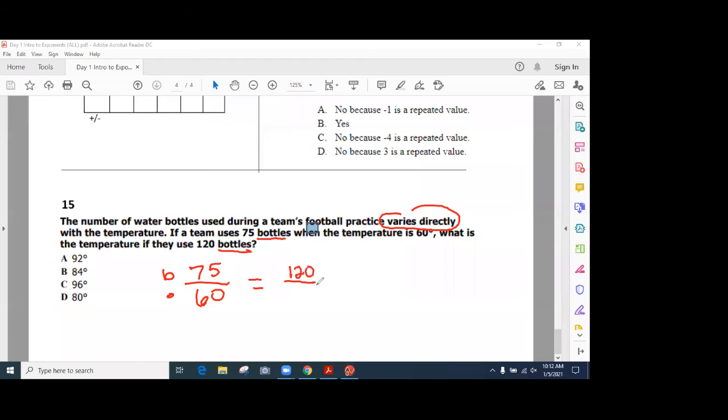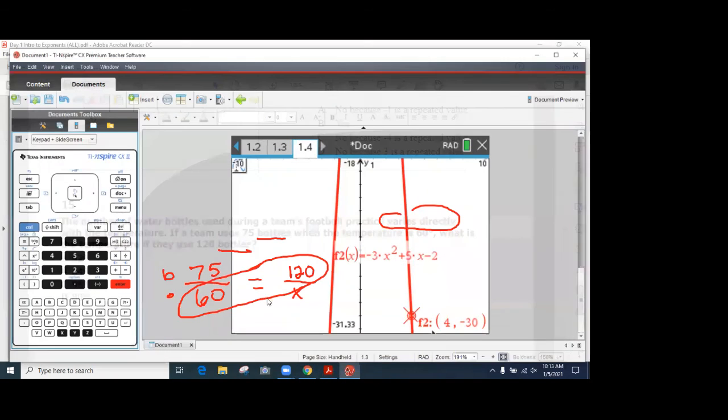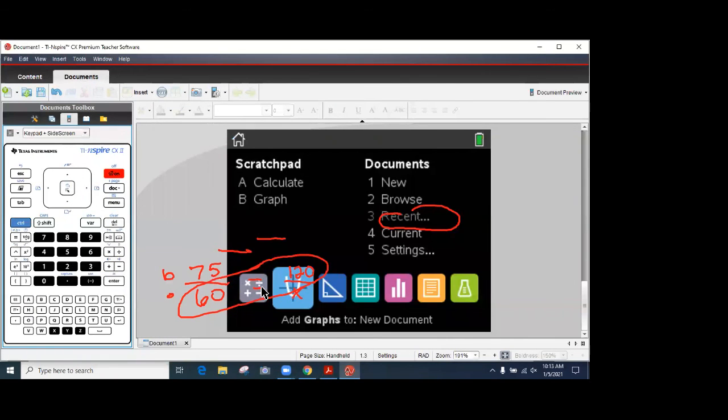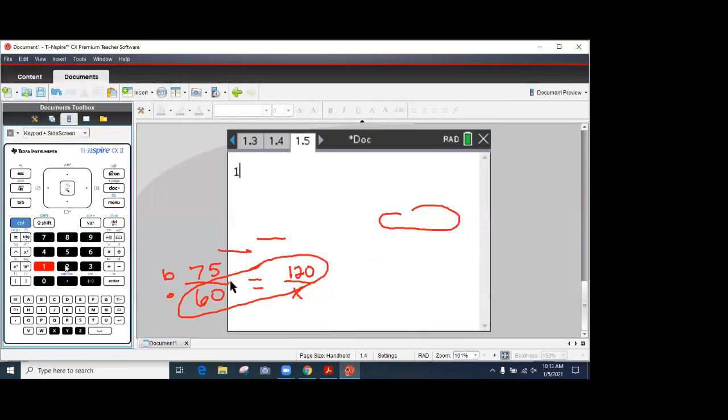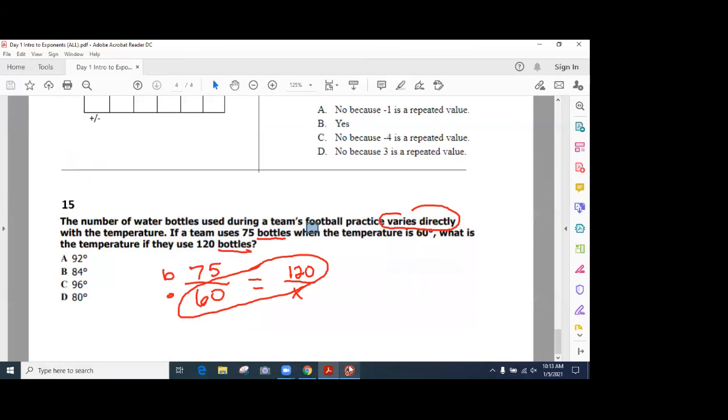So 120 X. So you're going to multiply these 2 and then divide by 75. So go to regular calculator. We're going to multiply 120 times 60 and divide by 75. Hit enter. And we get 96. Is that one of your answers? Yep, C.